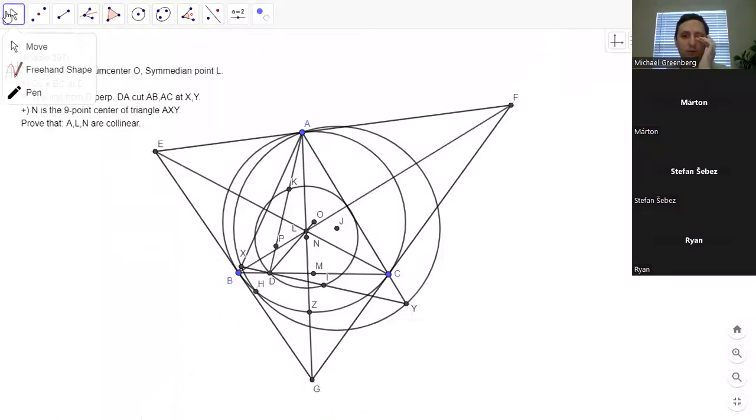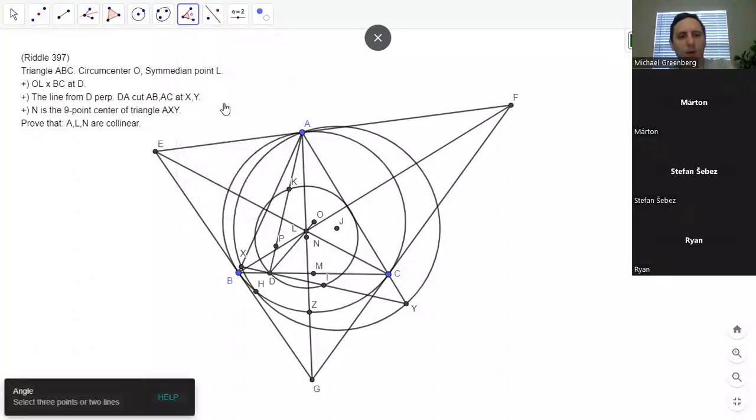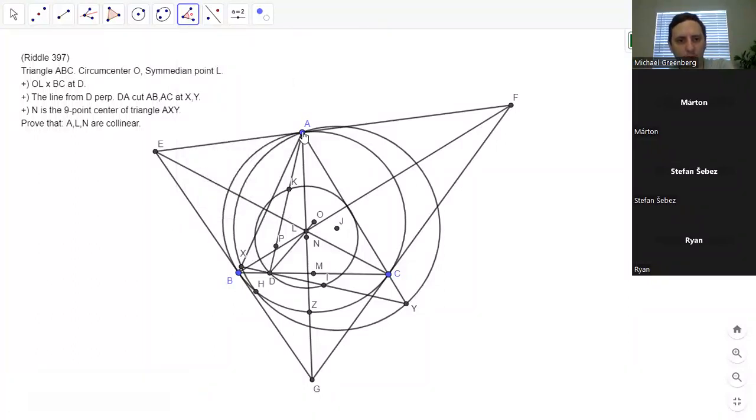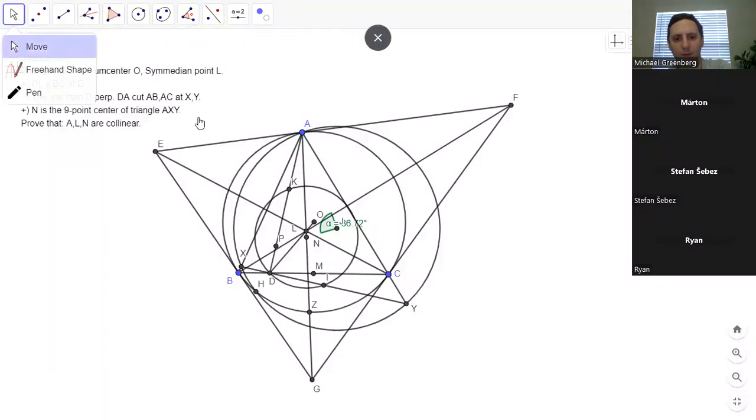What do we know about the Gergonne point? I wonder if AJP is a right angle. AJP. I would be surprised, but I can check it. It's close, but yeah, 86.72.